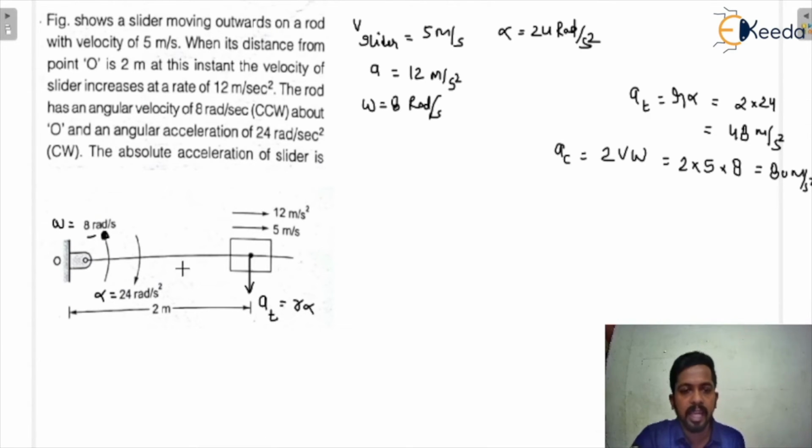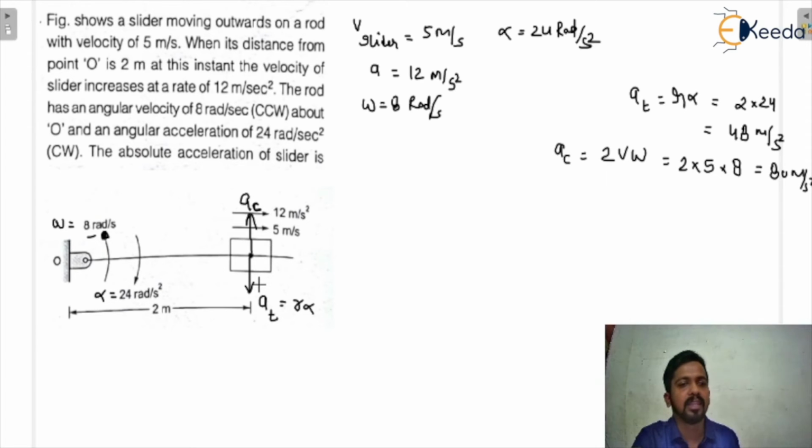Here omega is anti-clockwise, so we turn the v vector by 90 degree in the same sense, like that. So here you will get the direction of the Coriolis acceleration. And we can see that the Coriolis acceleration and the tangential acceleration are opposite to each other.